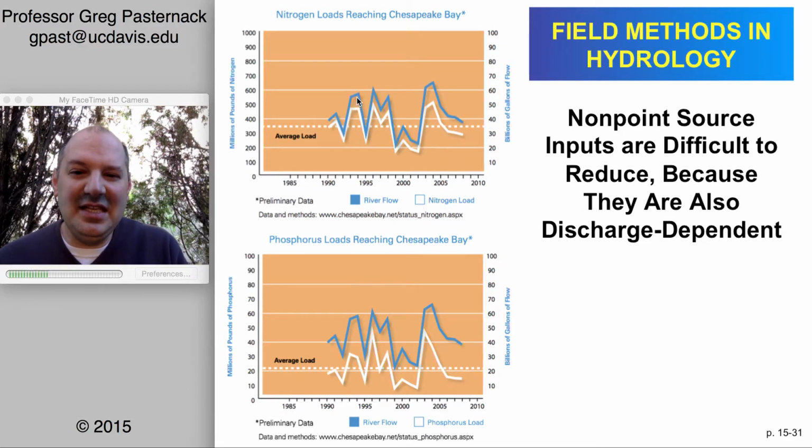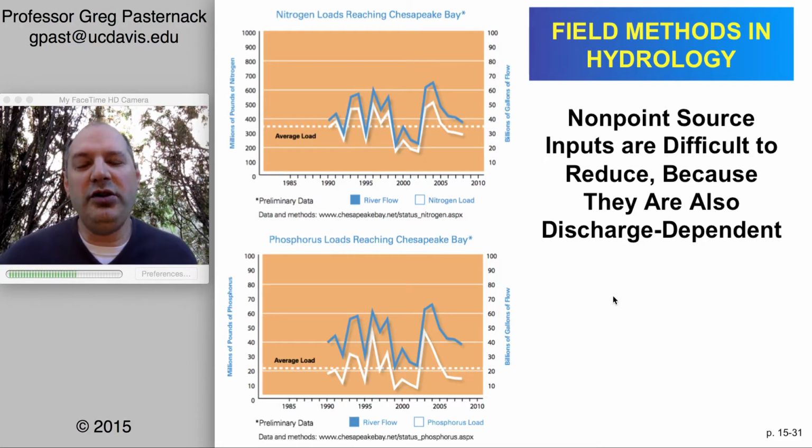And you can see that these two lines mimic each other almost perfectly, because load is controlled by discharge. The same is true for phosphorus, but not quite as much. It's a little bit different because phosphorus isn't always dissolved, but there's a very high sediment constituent, and so unless you have enough water to move sediment, then the processes are just more complicated. However, they are related.